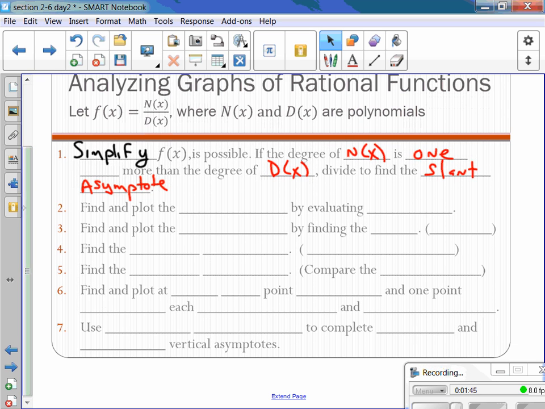Once we've taken care of that, find and plot the y-intercept. How do we get the y-intercept? This is algebra, folks. Algebra 1.